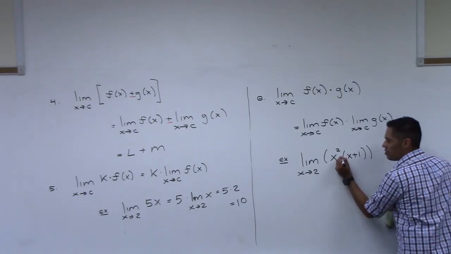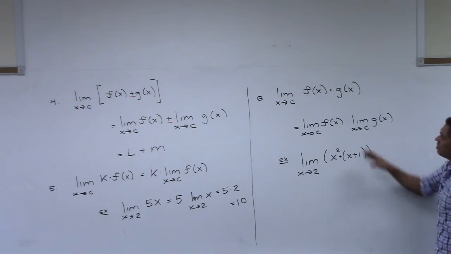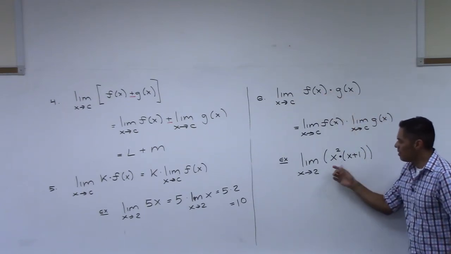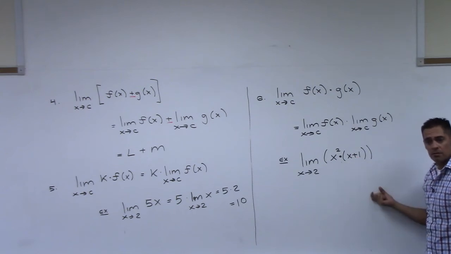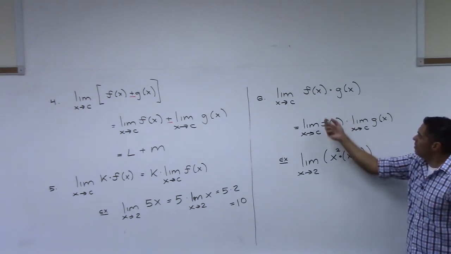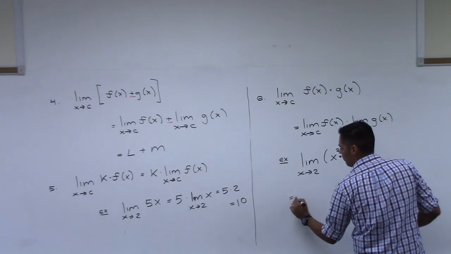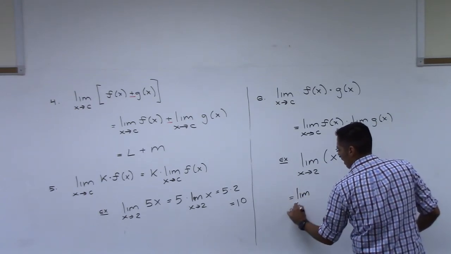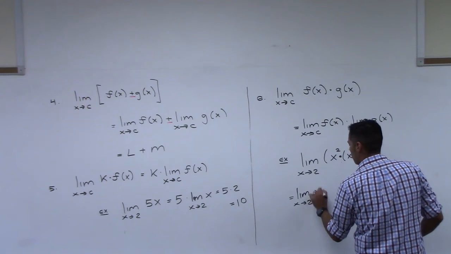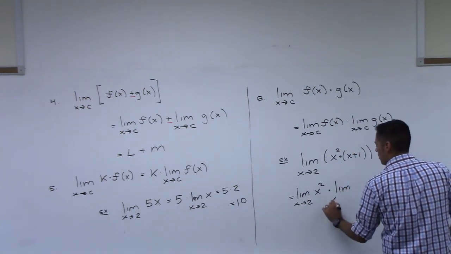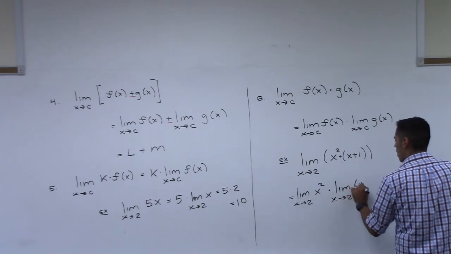Do y'all see multiplication right here? According to this rule, if I have multiplication, then I can do the limits of each one of them separately. I can do the limit as x approaches 2 of x squared, and then times the limit as x approaches 2 of x plus 1.